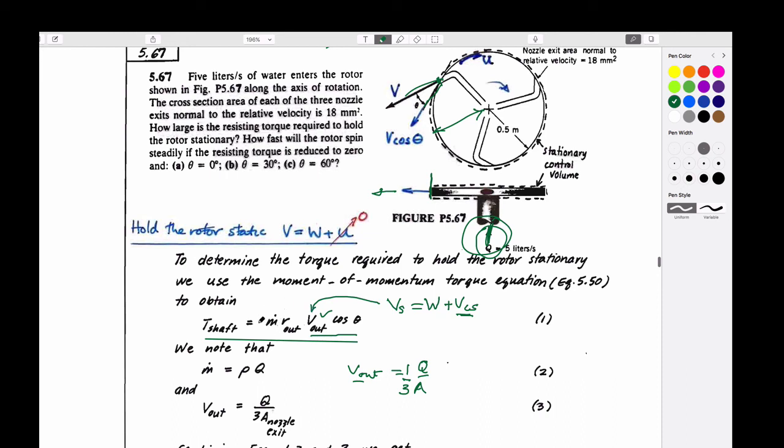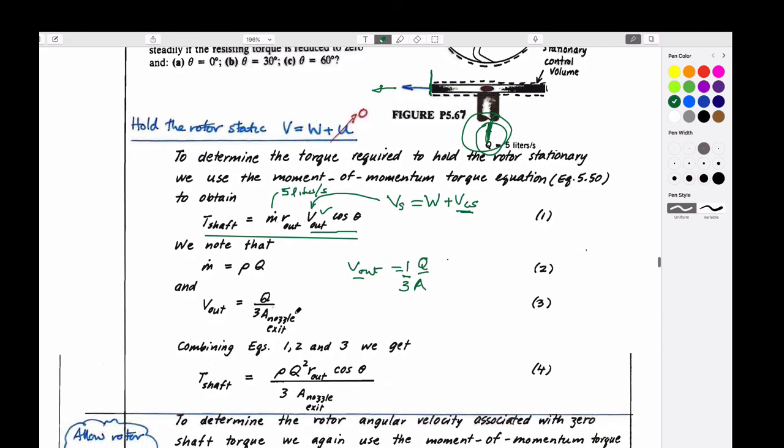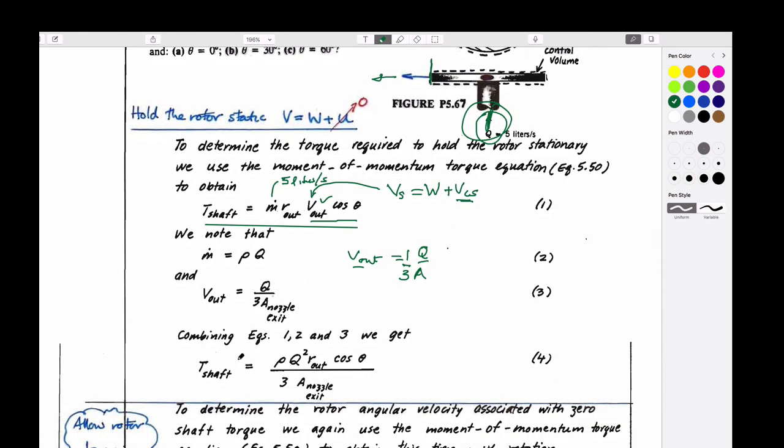It's the total mass flow rate out of the system, which is 5 liters a second multiplied by kilograms per liter. So 1,000 kilograms in a cubic meter, 1 liter is a kilogram of water. And so we have everything to be able to calculate exactly what the shaft velocity, shaft torque is as a function of these. So this is the component that comes out.